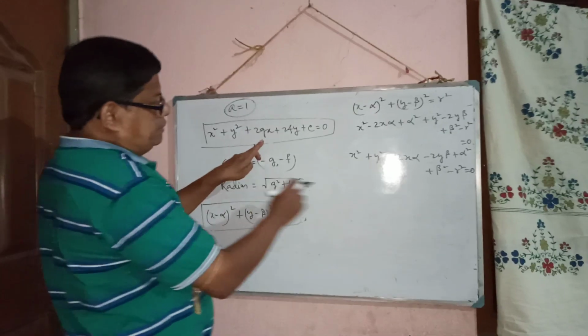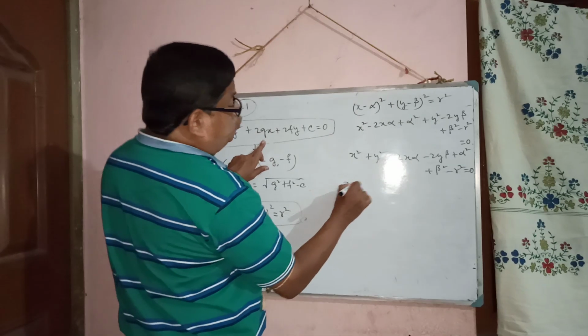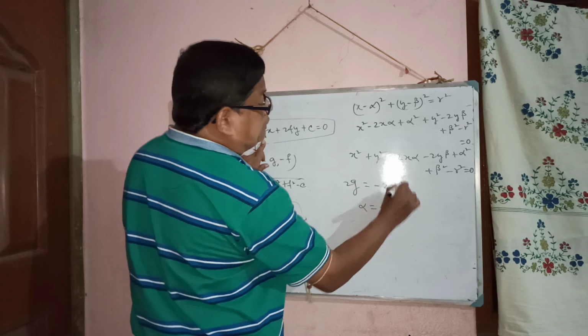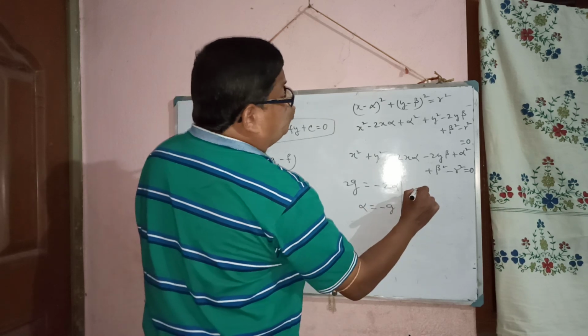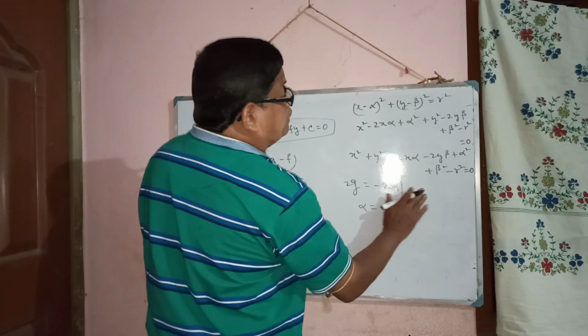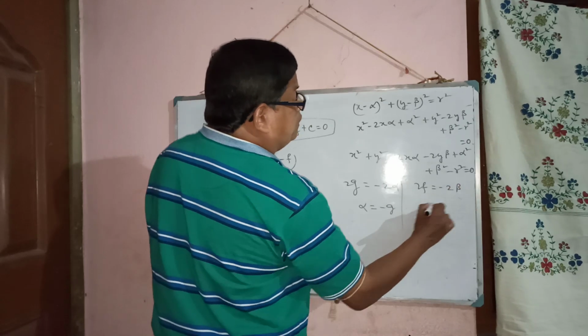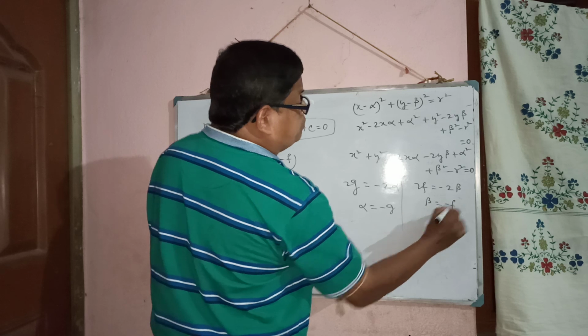Now if we compare, look here: 2g equal to minus 2 alpha, so alpha equal to minus g. Here 2f equal to minus 2 beta, then beta equal to minus f.